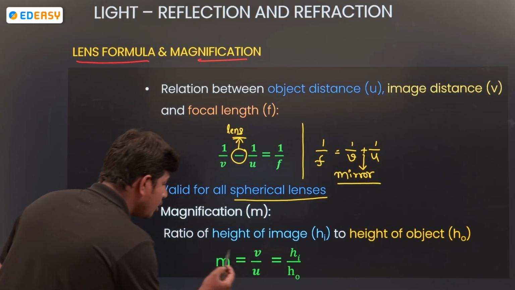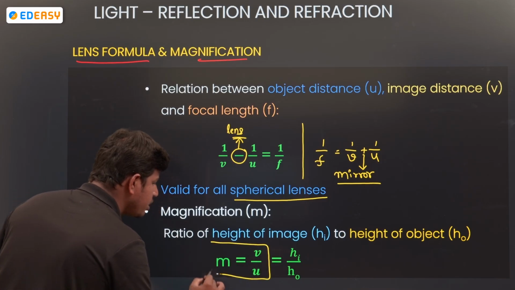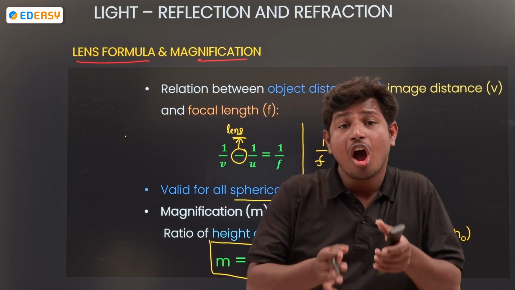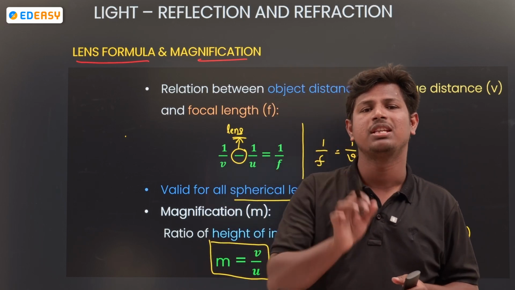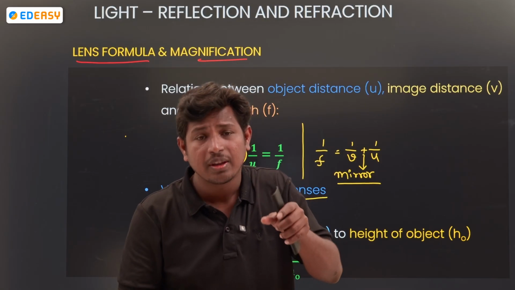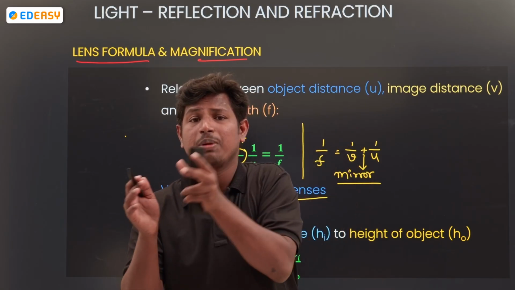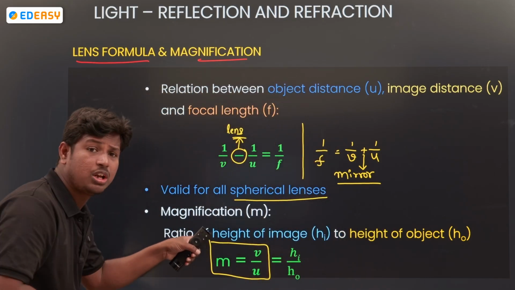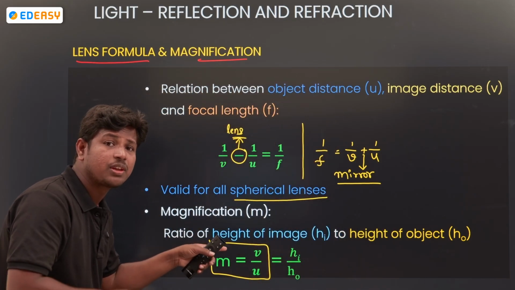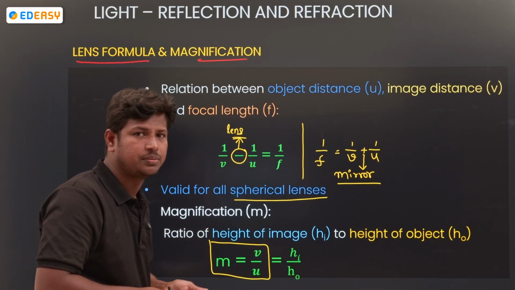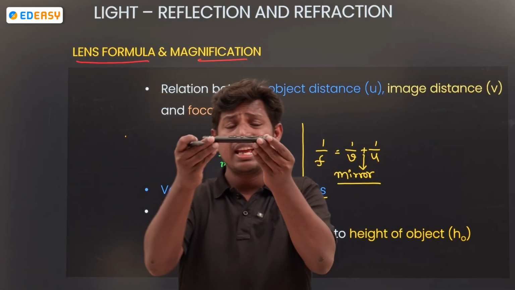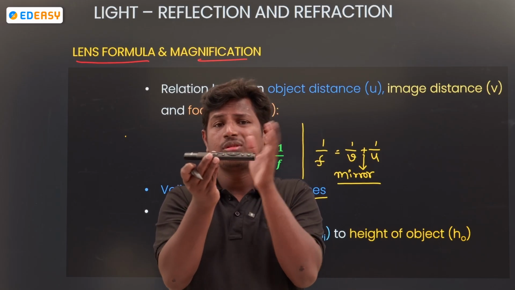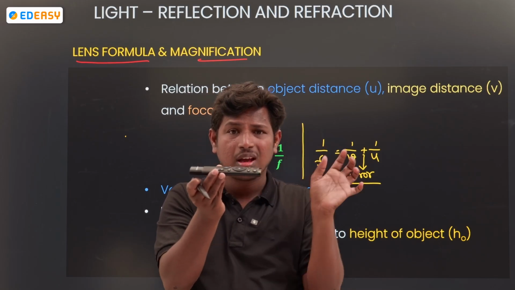Next, coming to the magnification. What is the use of magnification? It tells how the image will be compared to the object size, whether it is small or larger with respect to the size of the object. So you need to find out the magnification, meaning how the image will be compared to the object. For the same object seen through a mirror or a lens, the image may be very small or very big.